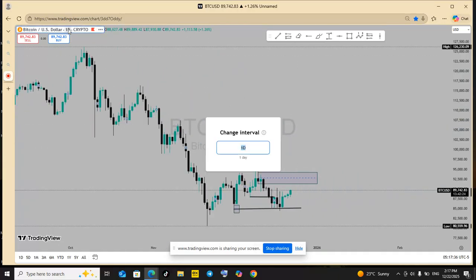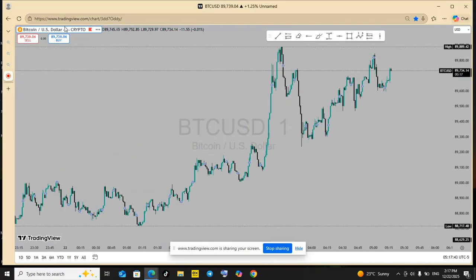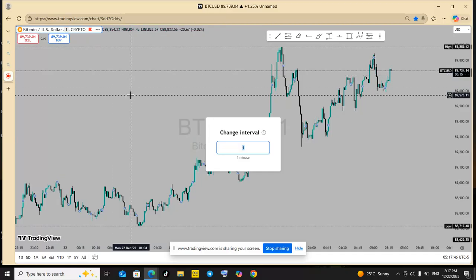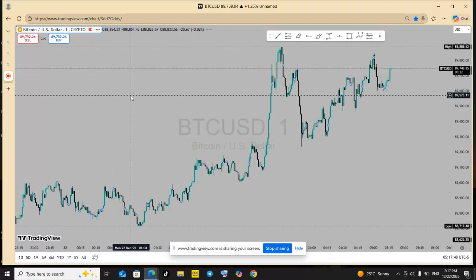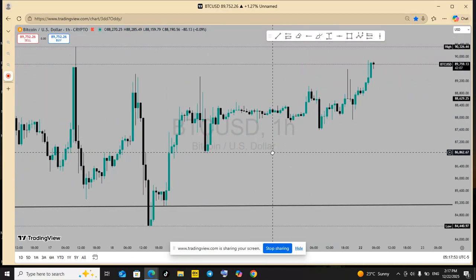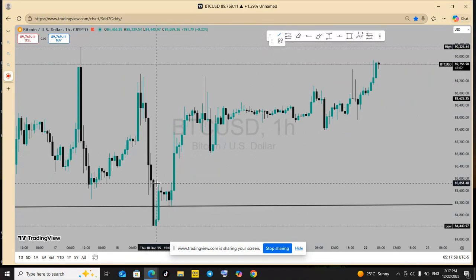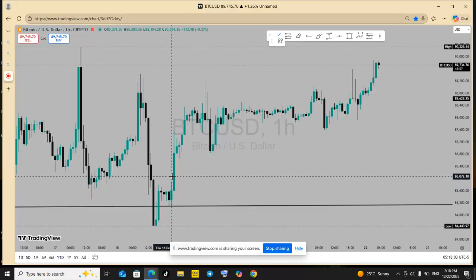So now let us go to 1 hour. If you can see in 1 hour, you may not wait for the market for the whole week, because the market will not go straight, it will go up, it comes down, to go up, it comes down, until it gets onto your zone.